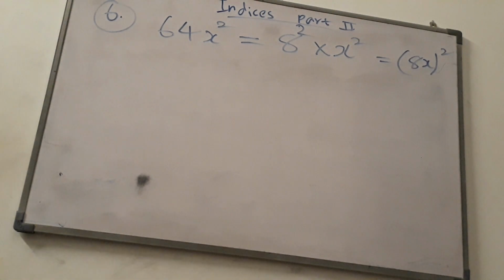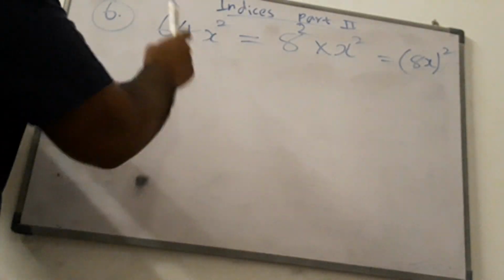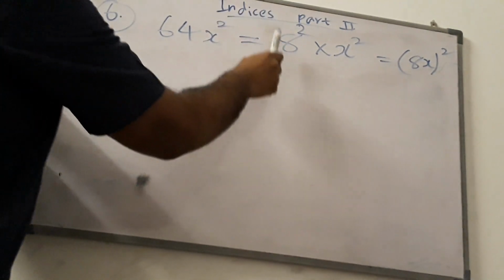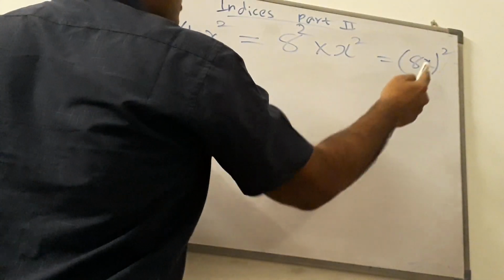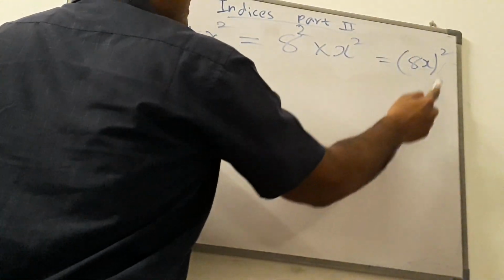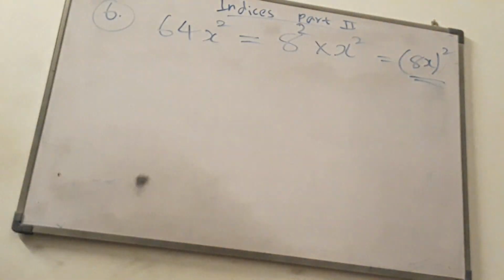You are given an equation where 64x squared is equal to 8 square times x square, and the square, or the power, is common to both 8 and x, so 8x altogether square. And we have to write 64x squared in this fashion.